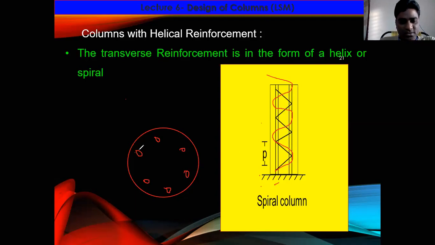Only helical. So this is your helical reinforcement without lateral ties.